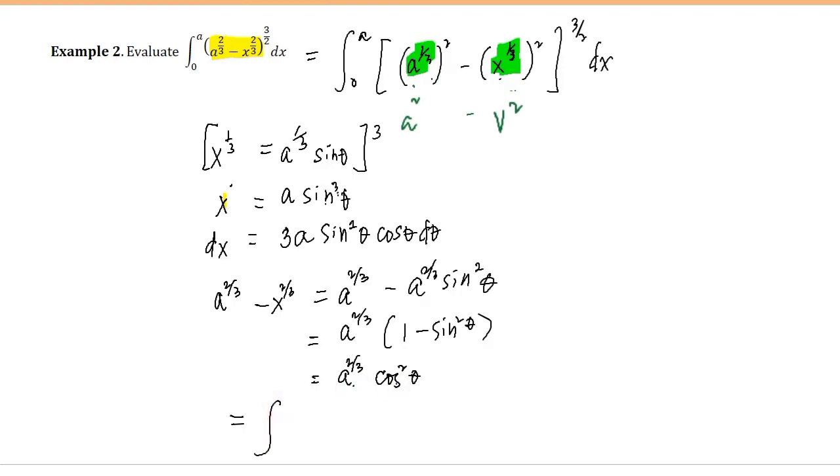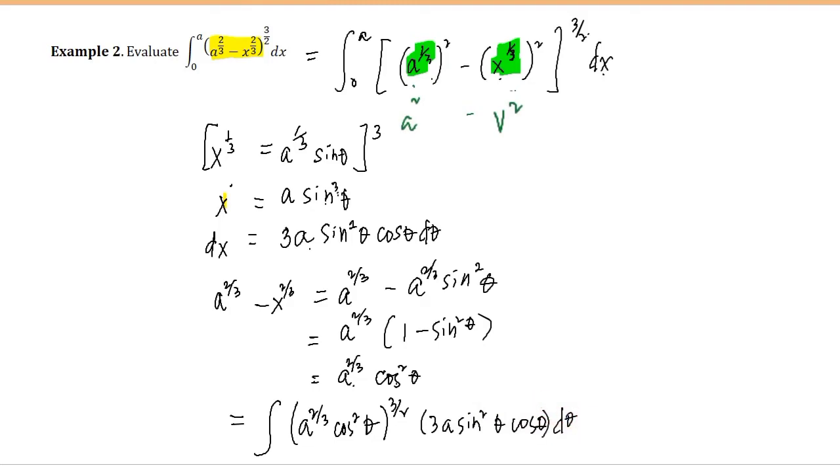So we have here integral of a raised to 2/3 cosine squared of theta, and we have here the exponent of 3/2. So this is raised to 3/2, and the dx here would be replaced by this term. We have here 3a sine squared of theta cosine theta d theta.